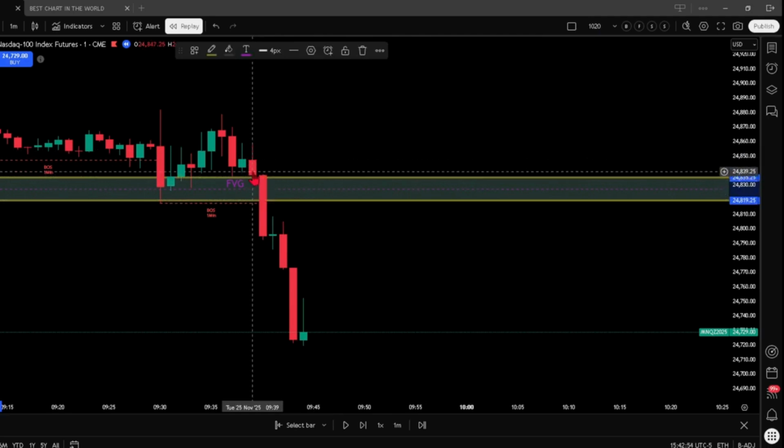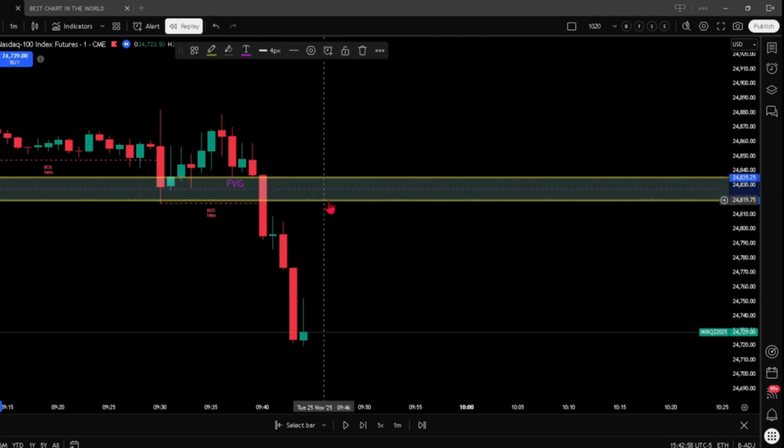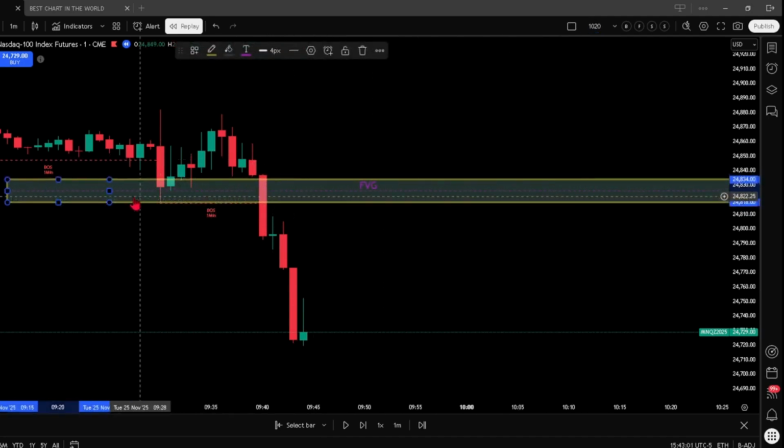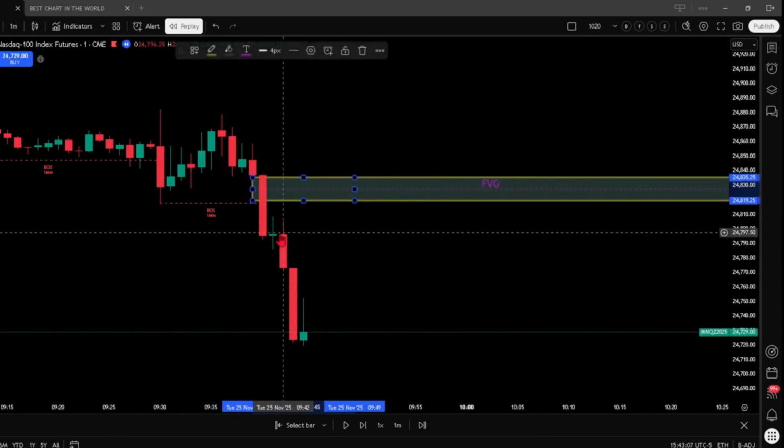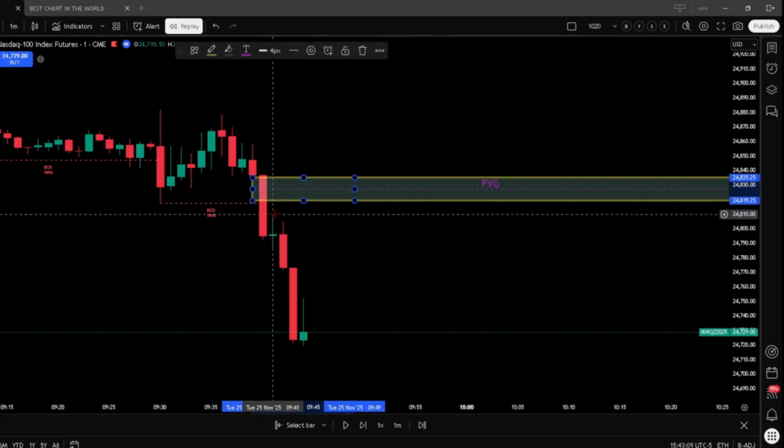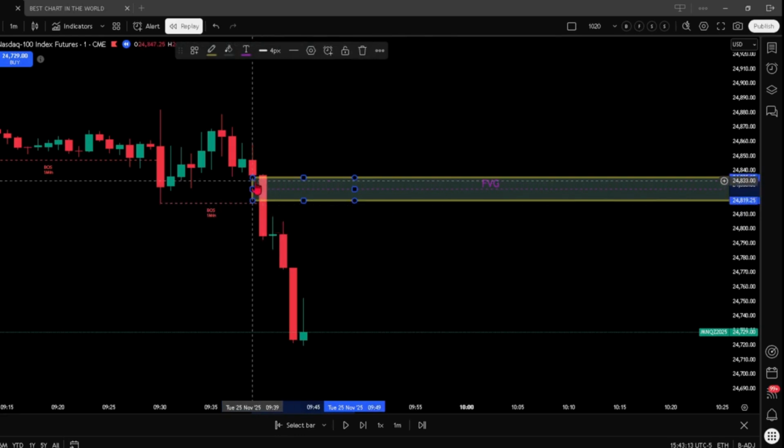This candle is the first candle, this is the second candle, and the third candle closed below where the first candle closed.